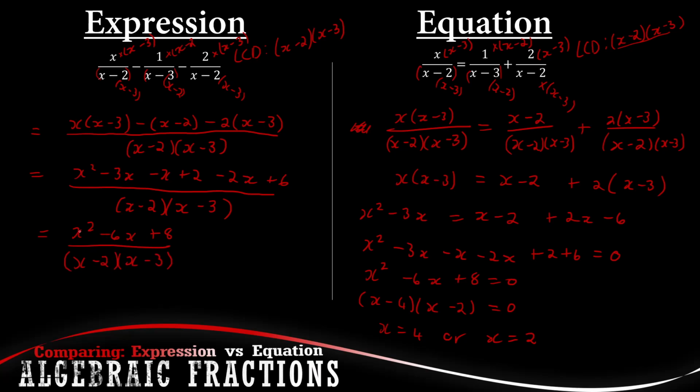And then we can also factorize that if it can factorize, and it can. It's just x minus 4, x minus 2. And then finally, if there's something we can cancel, then we can cancel that. We can cancel these two, and then our final answer would just be x minus 4 over x minus 3. Okay, so that is basically the main difference between an equation and an expression.